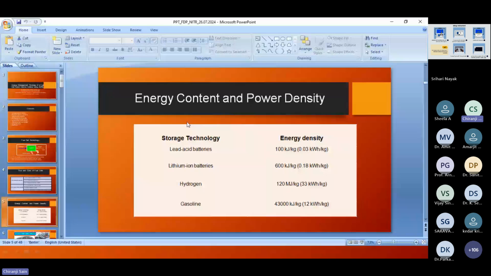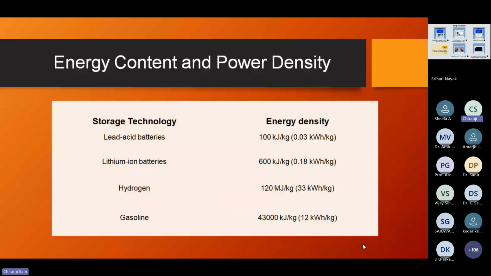Yeah. Fine. So while we are talking about the energy content and the power density, we are looking at the concept of storage technology in terms of energy density and power density, as compared to battery technologies like the lead acid battery, the lithium ion battery, and gasoline.